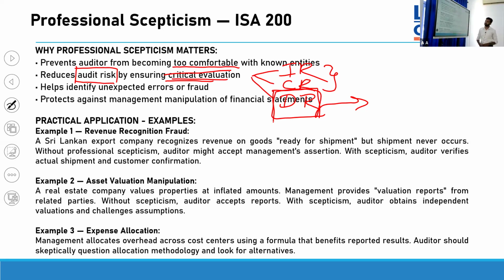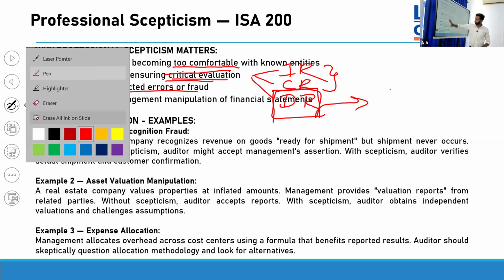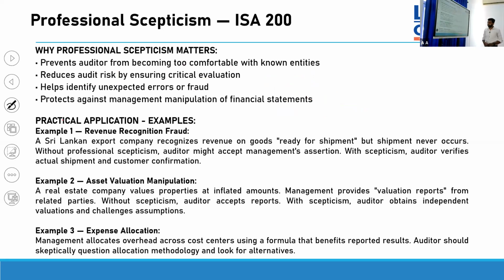That is one of the importances of professional skepticism. It helps to identify unexpected errors or fraud, and also protects against management manipulation of financial statements. There are three examples of how we can apply our professional skepticism.